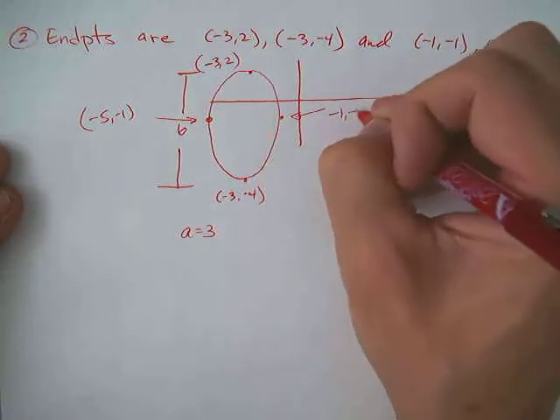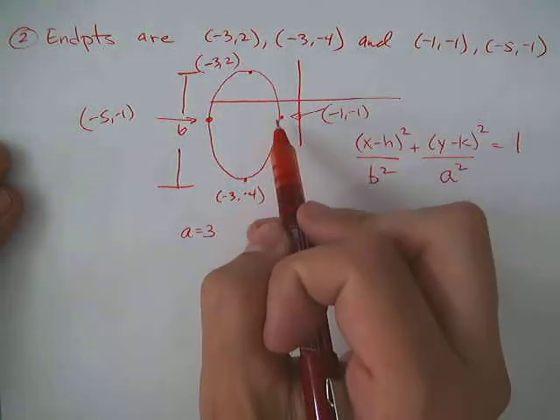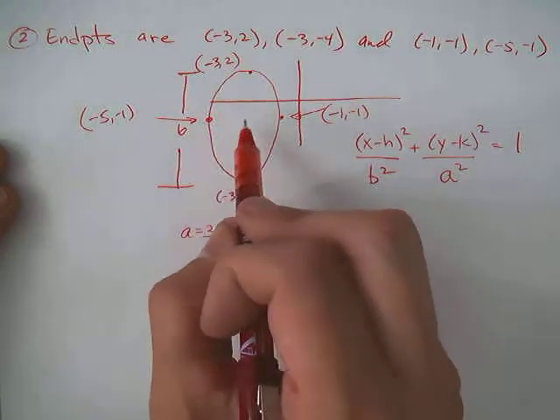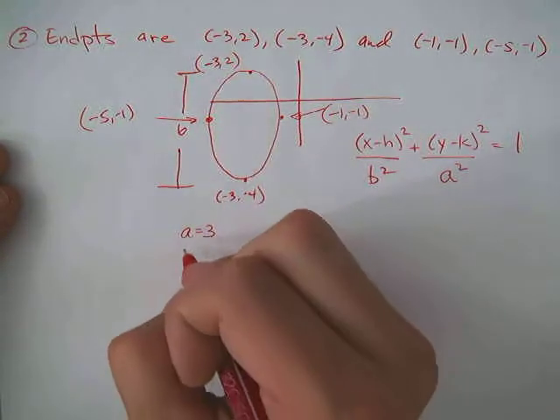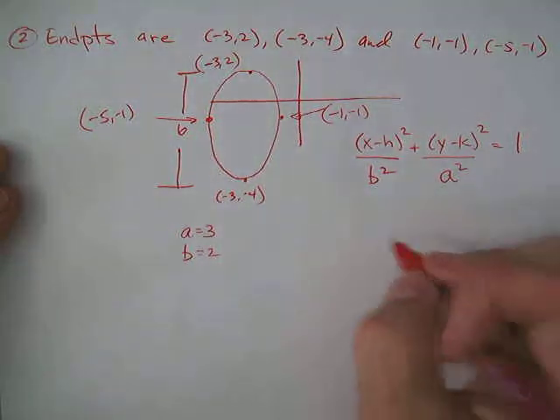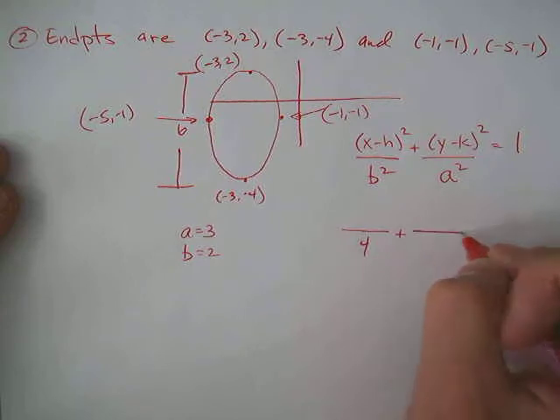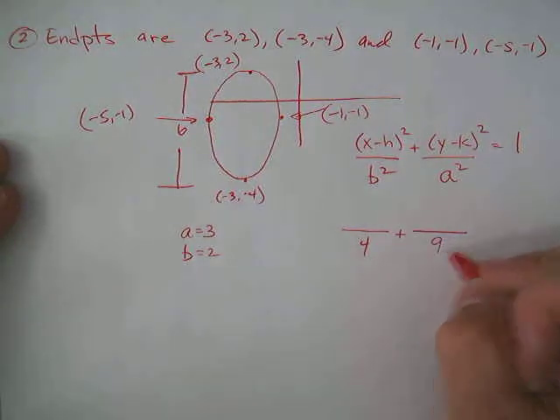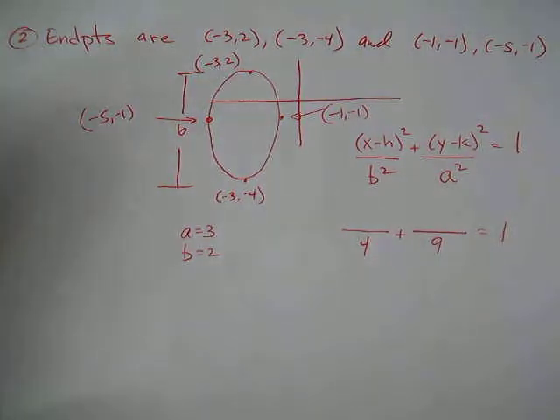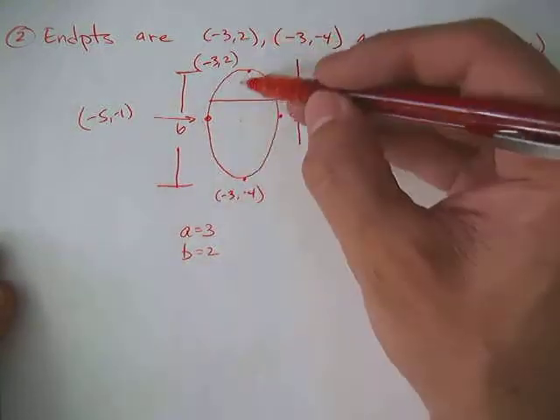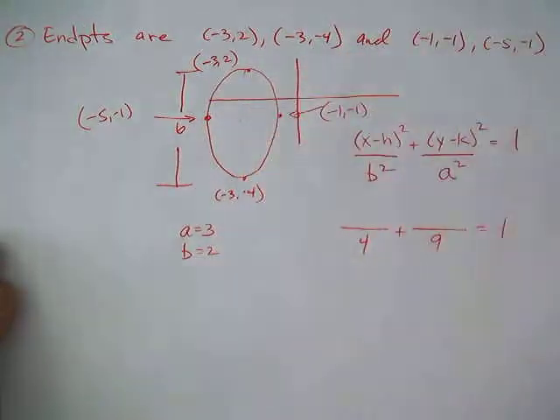Now, the distance from this point, which is at (-5, -1), and this one, which is at (-1, -1), is 4, so half that would be 2. So b is 2. Okay, so that's not too bad. So b squared would be 4. a squared would be 9.